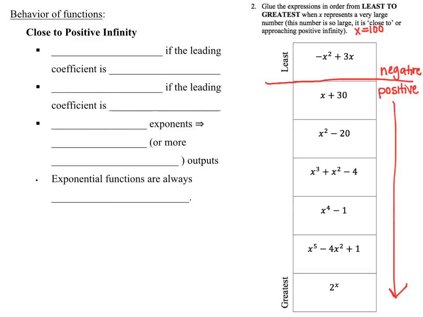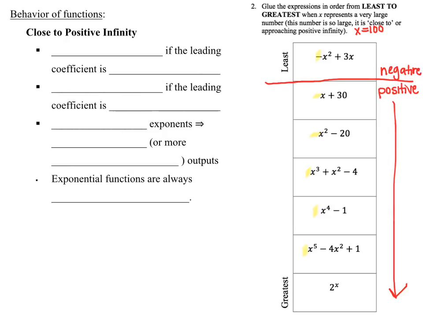One thing that we should notice is that the leading coefficient on the first one is a negative number, but for all the other ones, my leading coefficient is a positive number, which is just 1, in front of each of these polynomials.